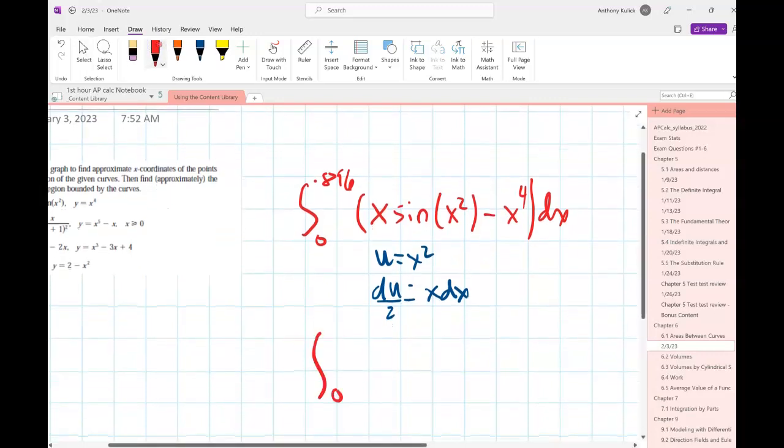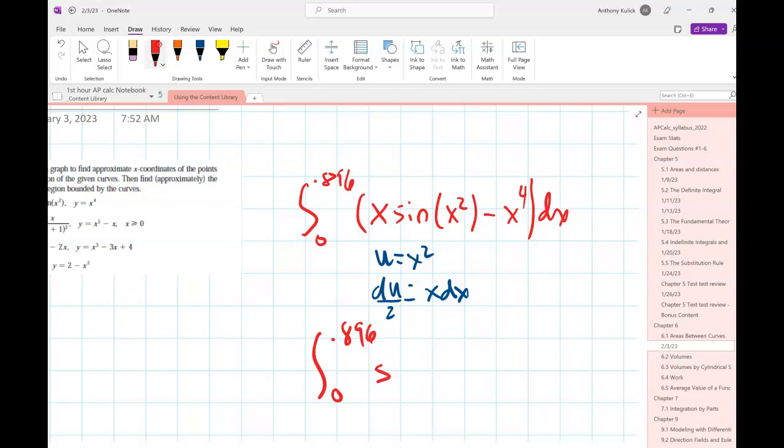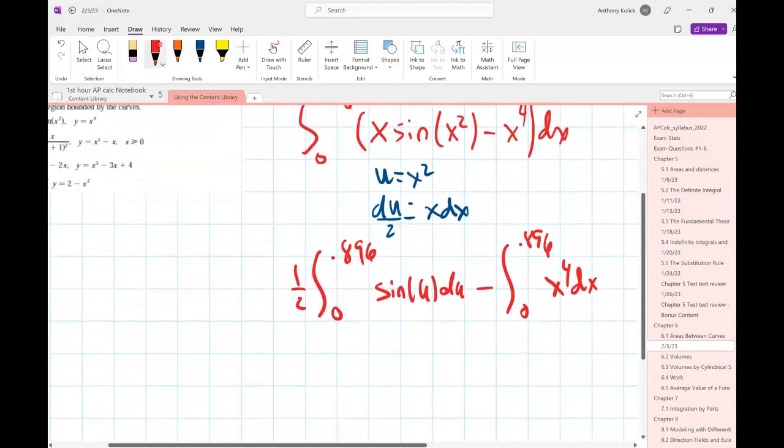So we're going to end up with that the integral for sine is negative cosine.